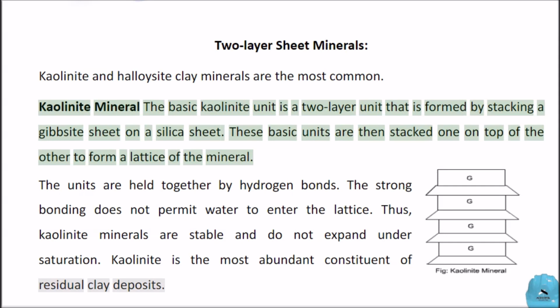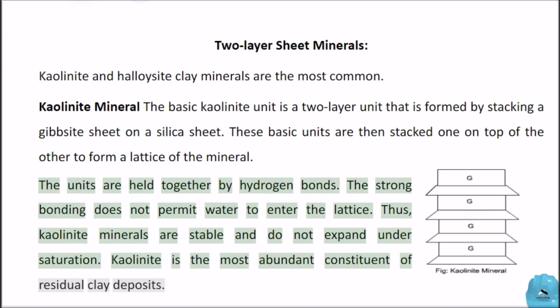These basic units are then stacked one on top of the other to form stacks of the mineral. The units are held together by hydrogen bonds. The strong bonding does not permit water to enter the lattice. Thus, kaolinite minerals are stable and do not expand under saturation.